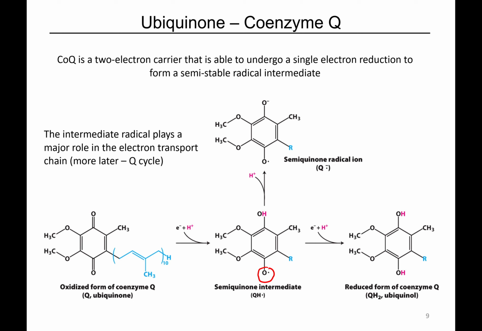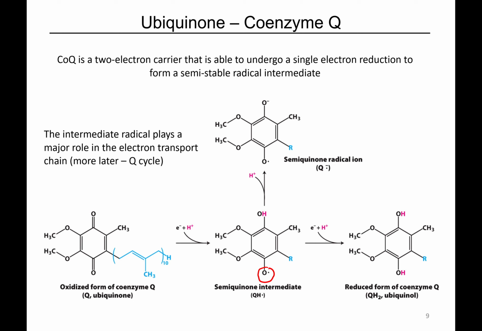We also know that releasing radicals into our aqueous environment is dangerous, right? So we are never going to release the single electron reduced coenzyme Q. It'll never be released. A couple of notable things. One is this molecule is essentially all hydrophobic, so it's always embedded in the inner membrane.